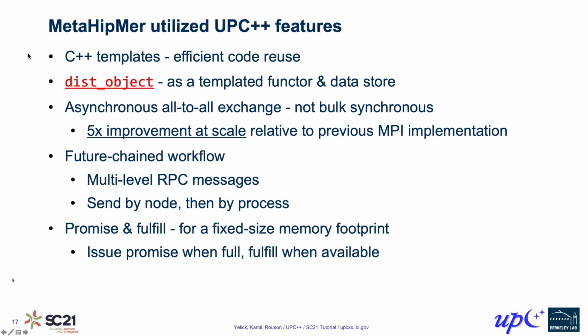And we use the promise and fulfill feature of UPC++ that allows us to trade off the memory use with the performance, and allows us to live within a fixed size memory footprint, which is very important for this MetaHipMer application, which tends to be very memory intensive. And so those are some of the features of UPC++ that are really valuable in the MetaHipMer application.